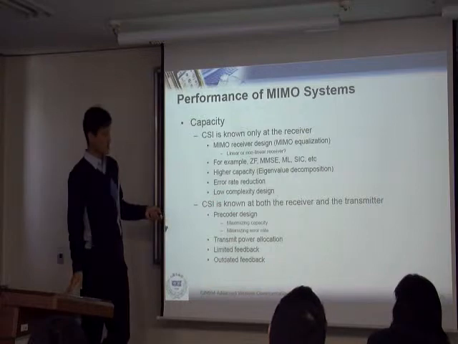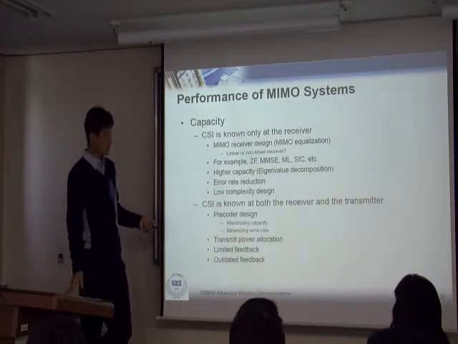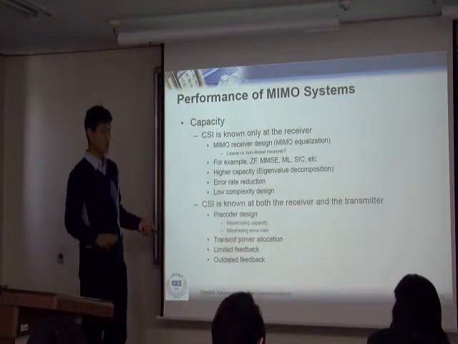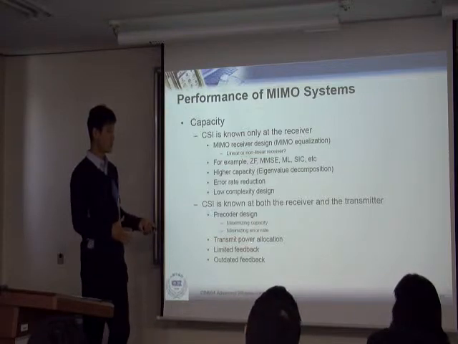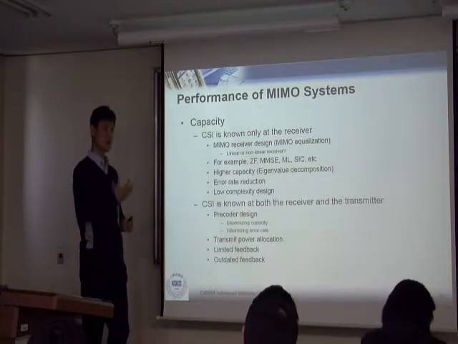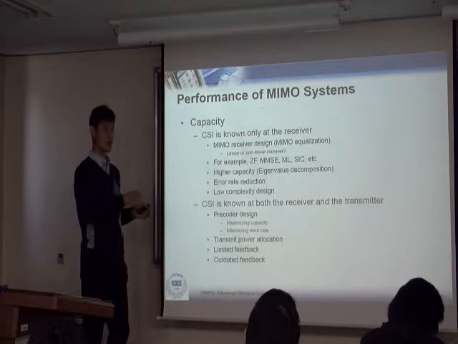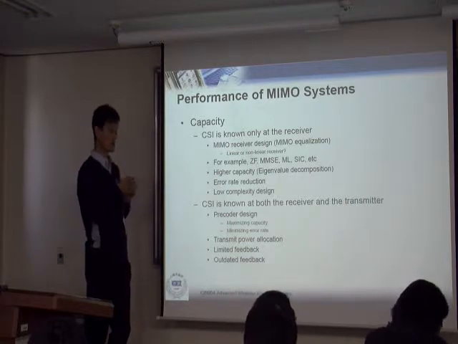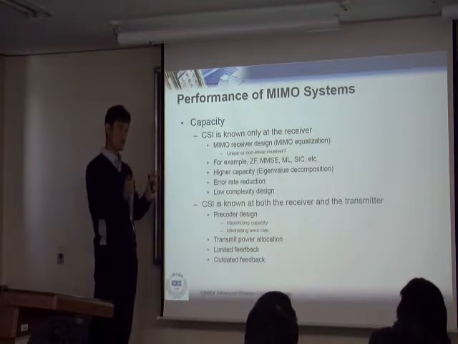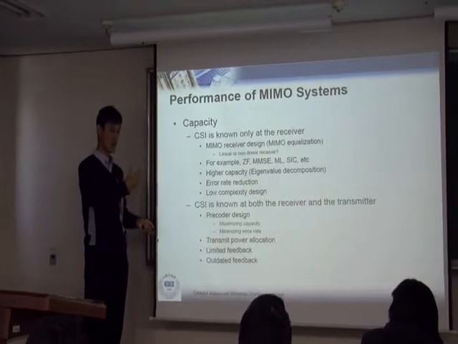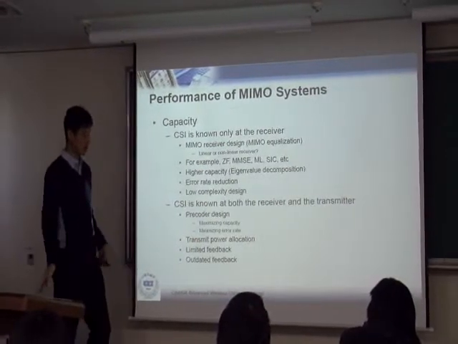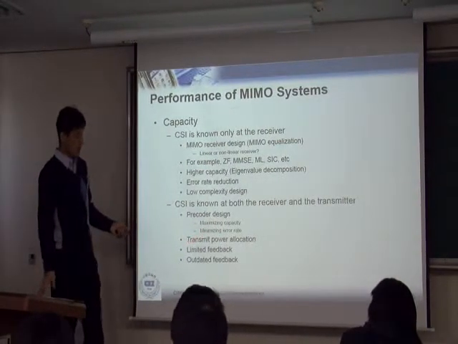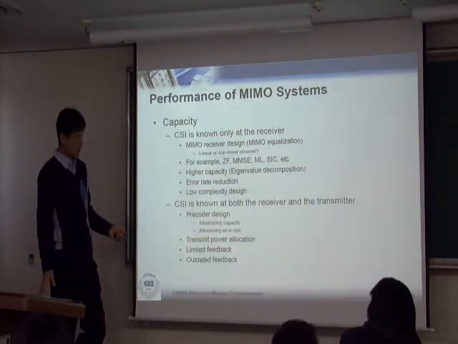And in case CSI is known at the transmitter, you can play around with the transmit power. You can use a different power allocation, different power for different pipes, or you can use a different power in the time domain. You can do many things. Another topic is limited feedback.